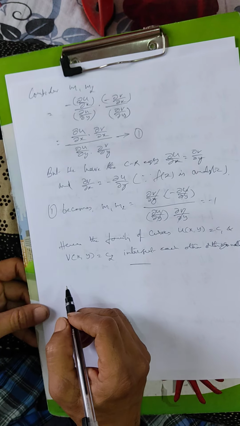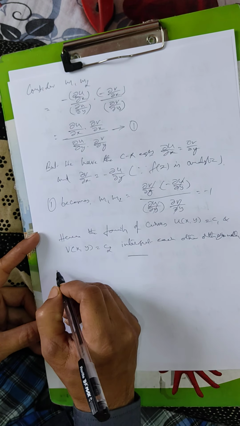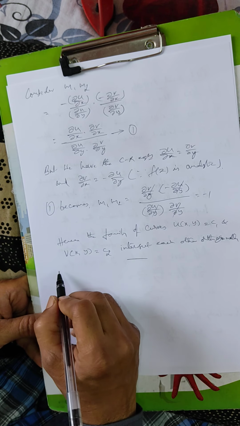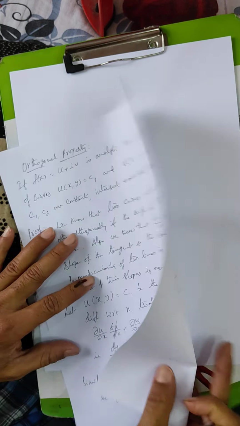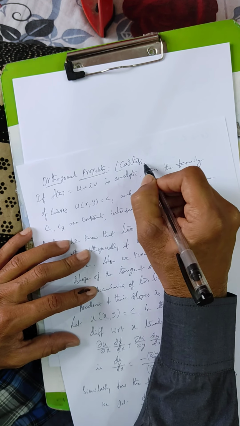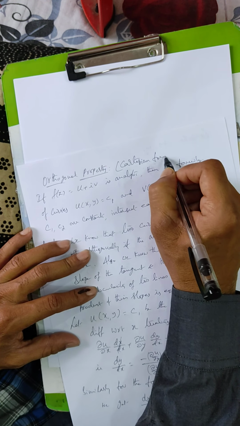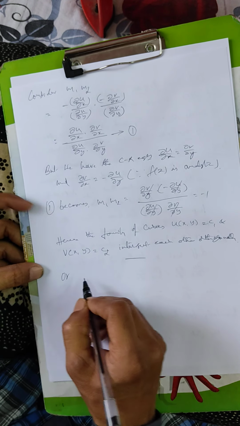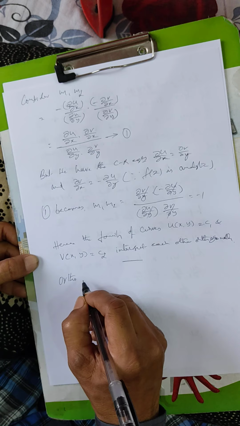So I'll write the statement for polar coordinates. If you want, you can write this orthogonal property in bracket to write Cartesian form. Now, orthogonal property for polar form.